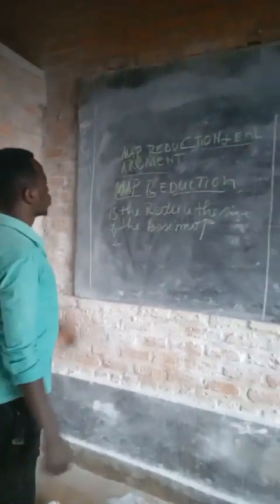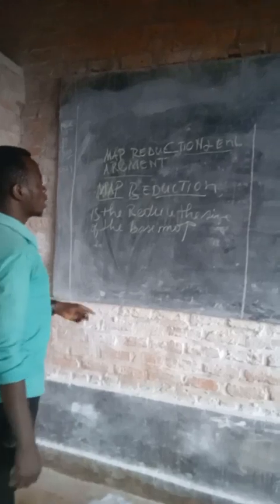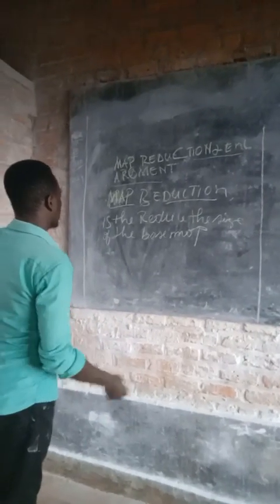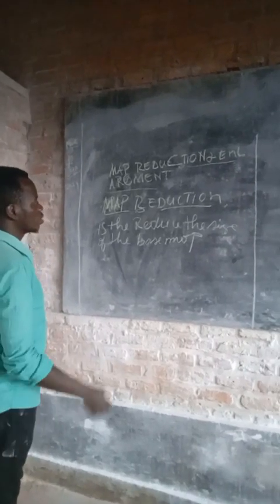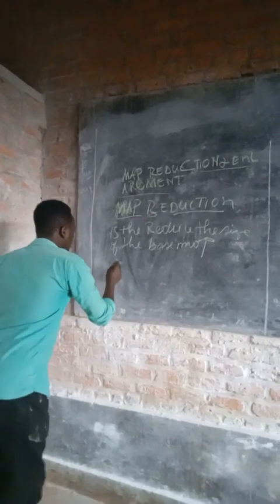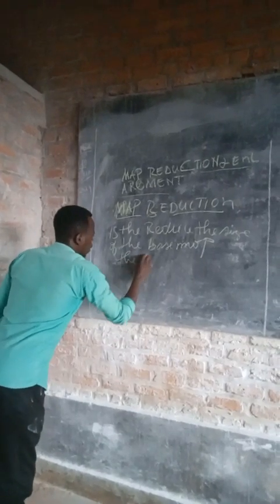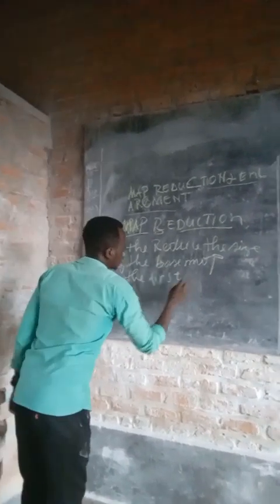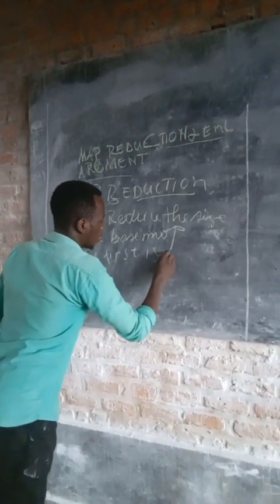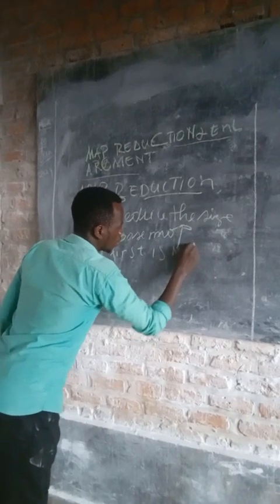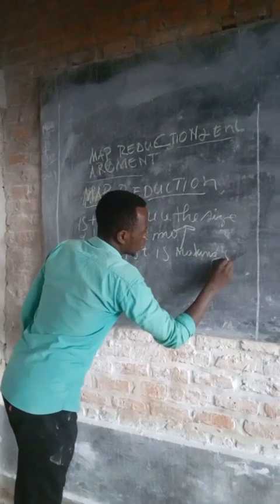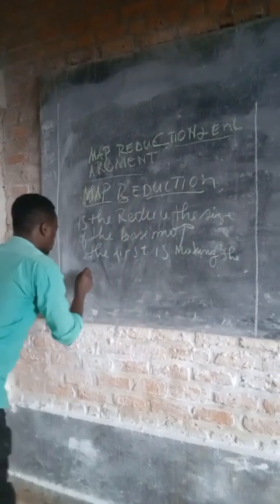So we have two ways we can use to make the map reduction and the map enlargement. First of all, we list them. The first one is making squares.